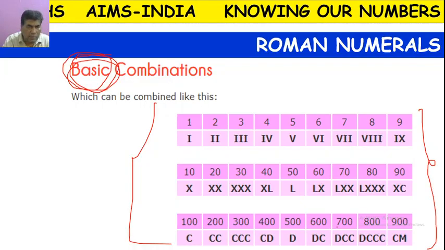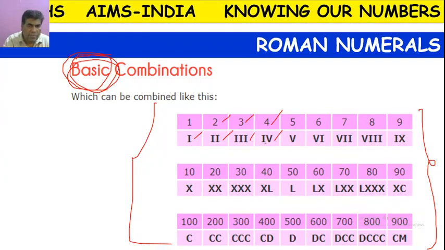Already you have learnt about Roman numerals in your earlier classes. 1 means I. 2 means II. 3 means III. 4 means from the 5 symbol, 1 is to be subtracted. So that's why they have written IV.